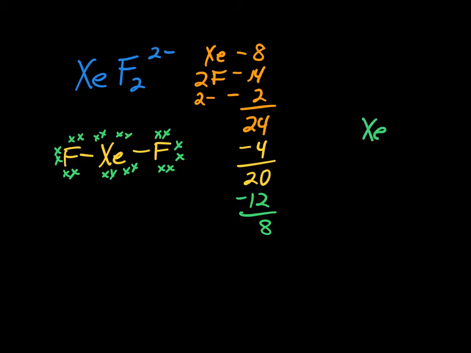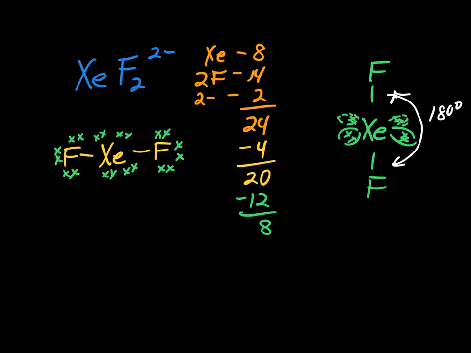And so we end up with a structure that looks very much like this, where we've got around our equator 4 regions of electron density. The 4 regions of electron density are square planar, but the orientation of the fluorines from each other would be 180 degrees, and so that would be a linear structure.